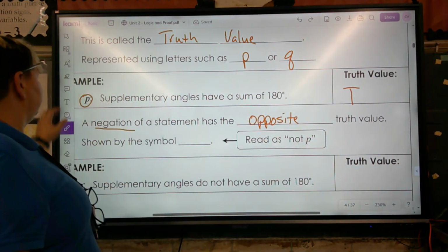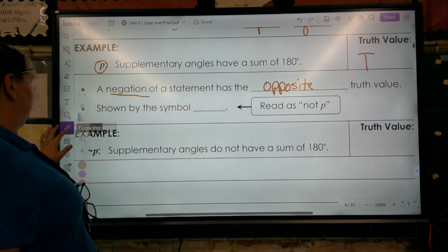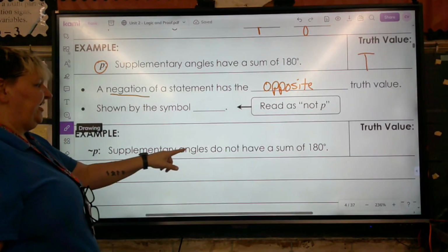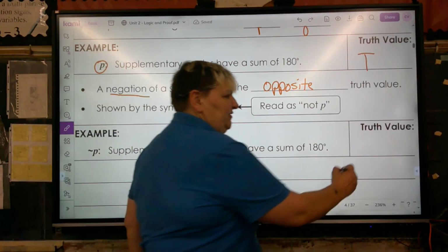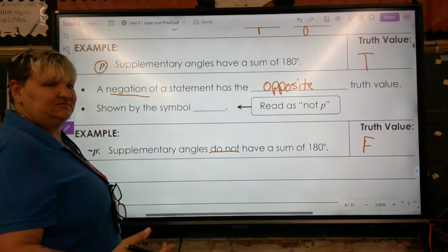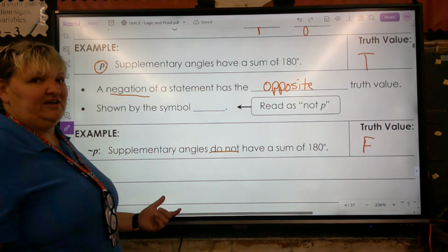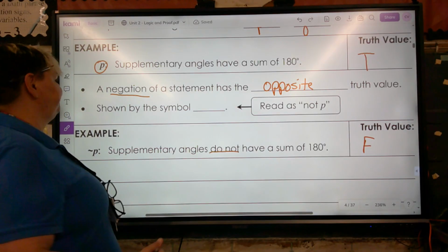So your negation, supplementary angles do not have a sum of 180 degrees, and it would be false. It's literally just the opposite. You make it the opposite by adding in not or something like that.